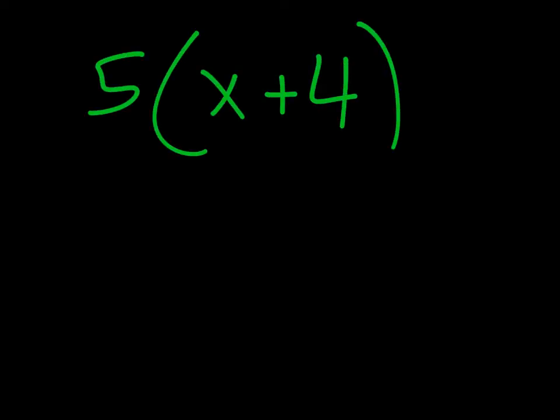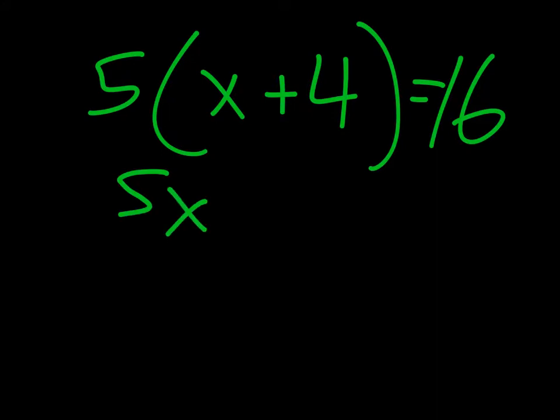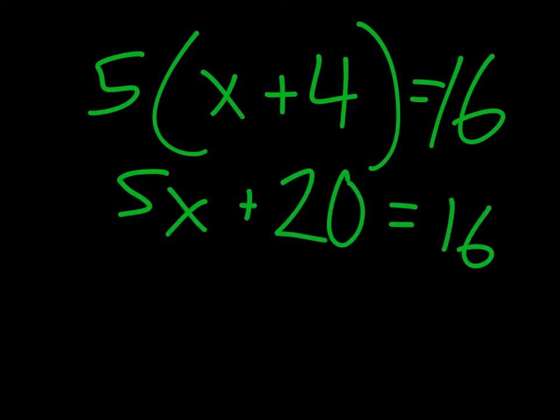Given an example, let's say we have 5(x plus 4) equaling 16. Multiply the 5 in, we get 5x plus 20 equaling 16. We subtract 20 on both sides now.